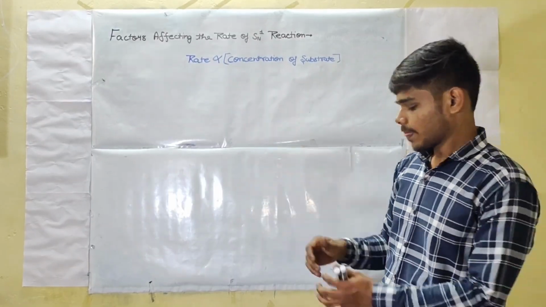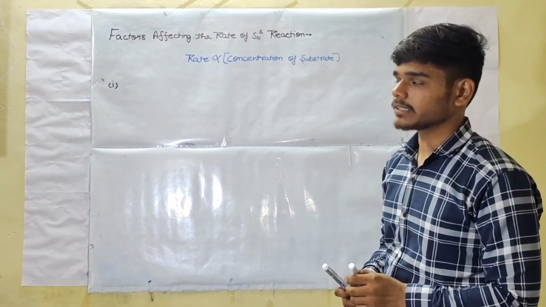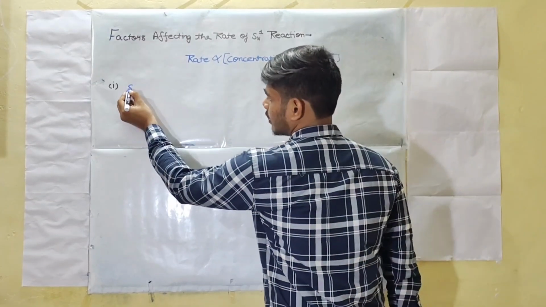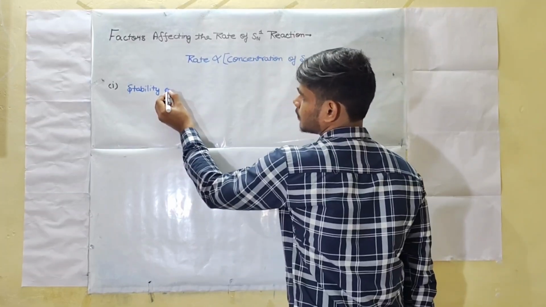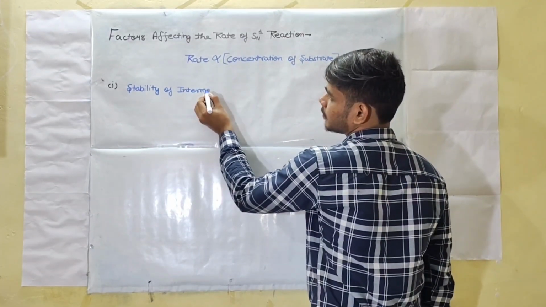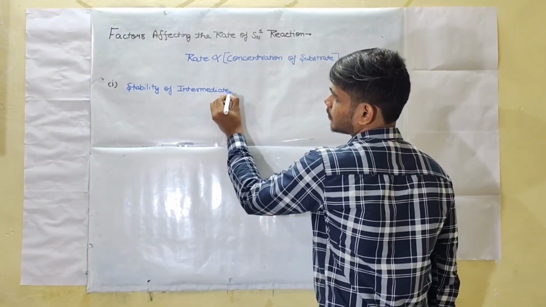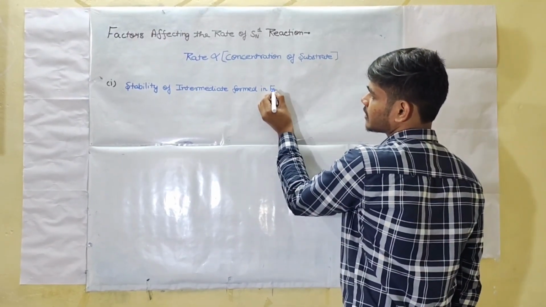That is, the rate of SN1 reaction depends upon the stability of the intermediate formed in the first step.